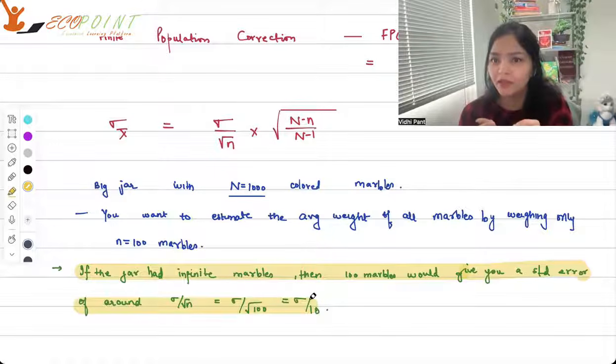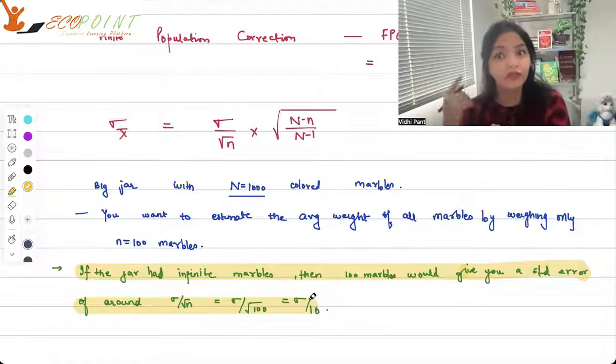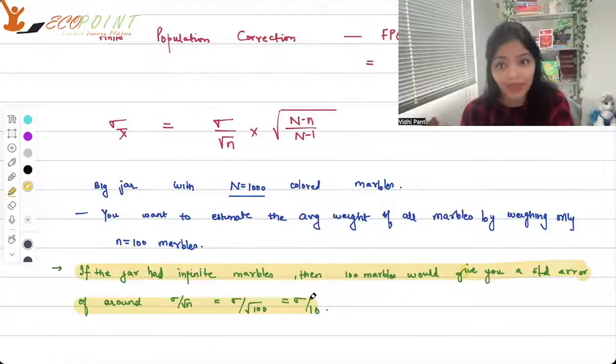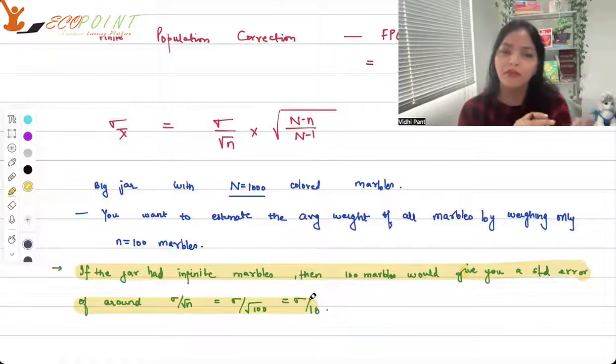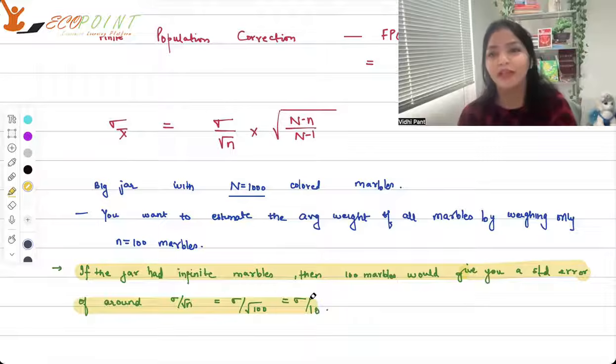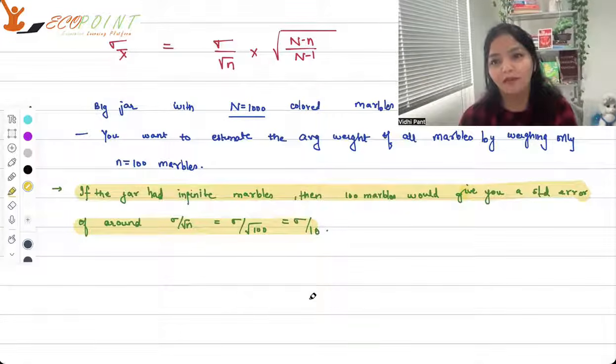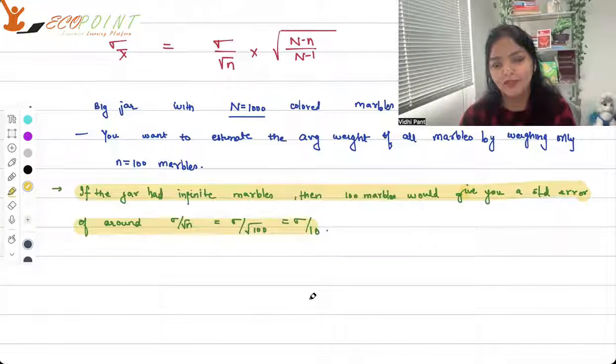Then think about it. Shouldn't your standard error become a little smaller because you just have 1,000? Thinking from 100 to infinite, of course, should have more error compared to thinking from 100 to just 1,000. That's where this concept of finite population correction comes in.